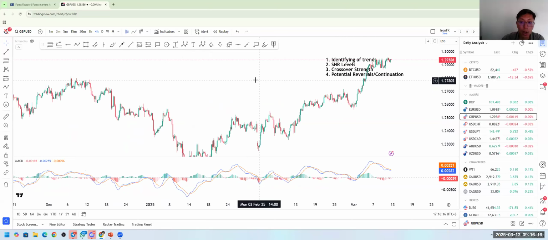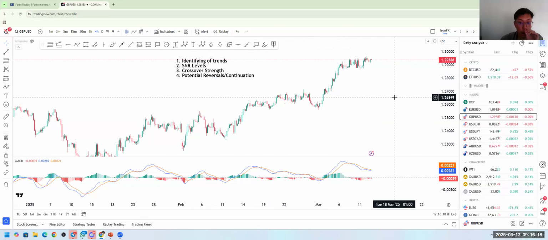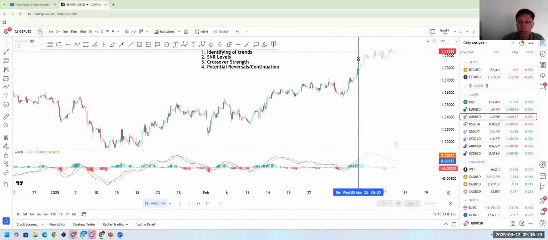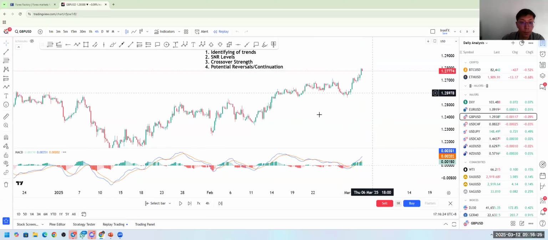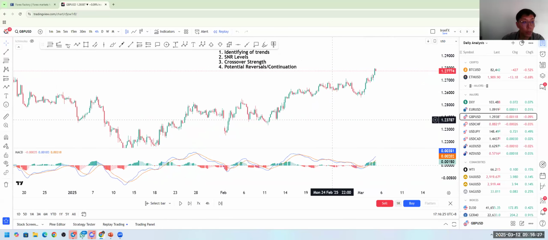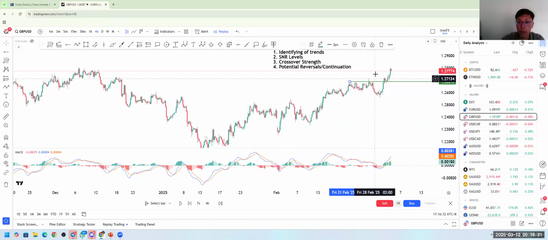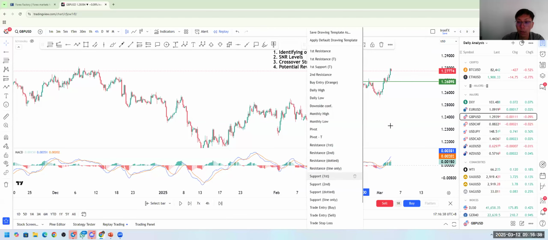Then the next thing that we will have to do is to mark out our horizontal support and resistance levels. Okay, so what we will have to do is to mark out our levels. So our levels is right here. This is our support.